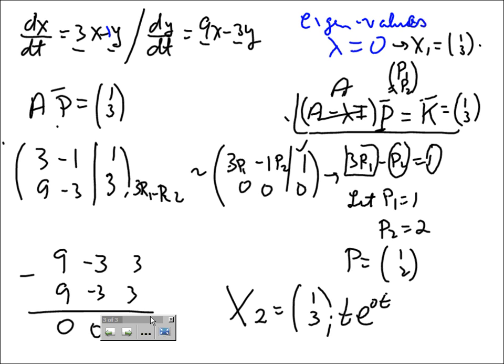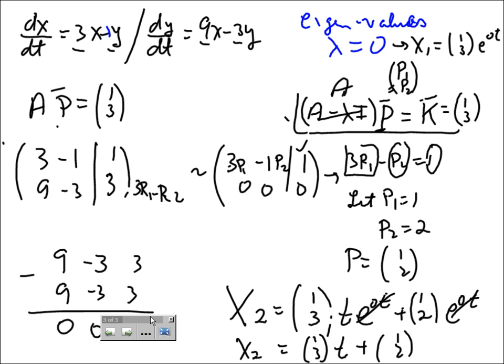So it's just like what we got for x1, except we multiply it by t. Plus, and now we're going to take P, and we are going to multiply P by e to the lambda t. And of course, we don't need either of those. The x2 is just 1, 3t plus 1, 2. That is x2.